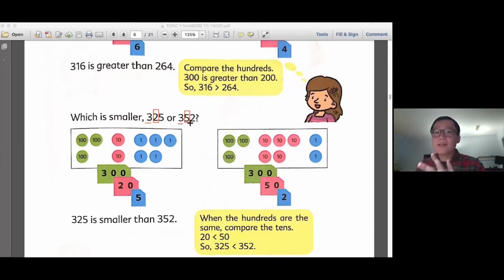We know 5 tens must be bigger than 2 tens, so we know 325 must be smaller than 352. So whenever you have the same value for the first digit, you move on to the next place on the right.